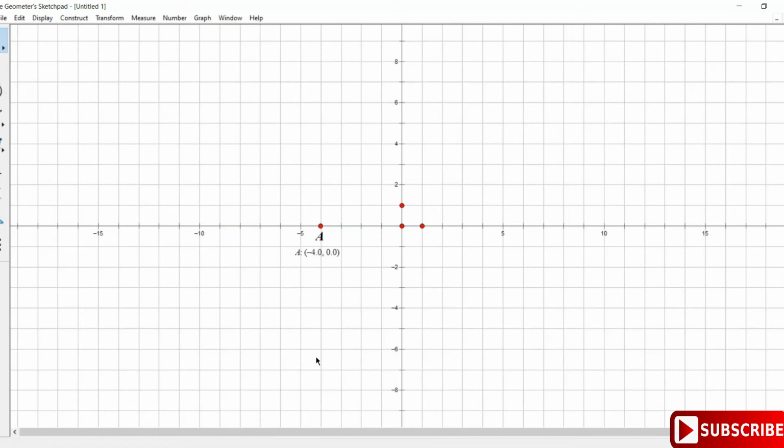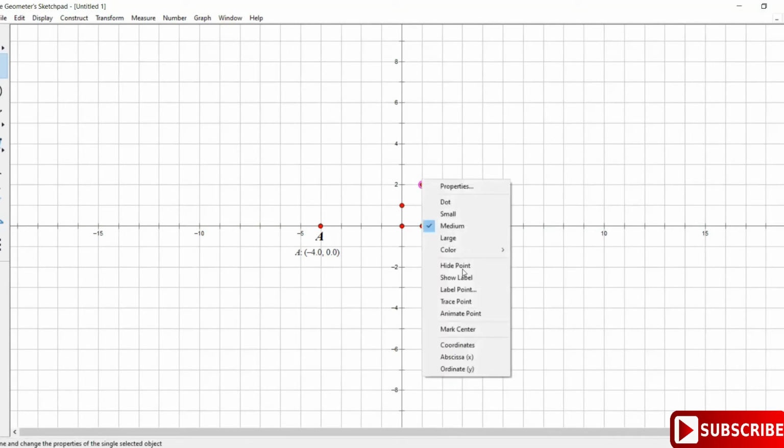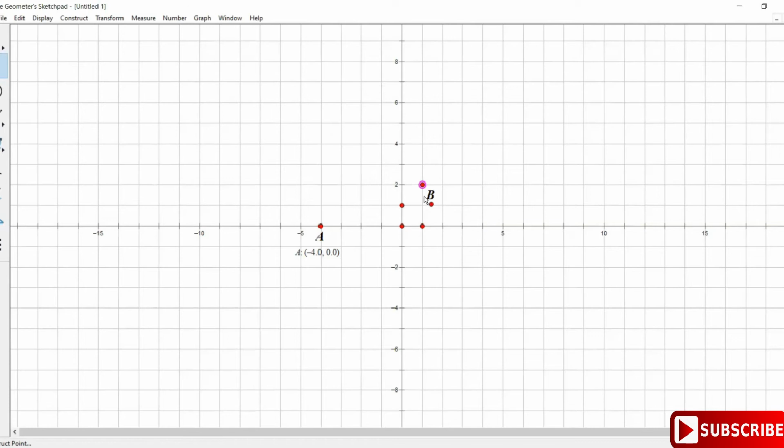Then B was the point, I think it's 1, 2. B is the point 1, 2. So let's put a point at 1, 2. This is the point B right here. So let's label the point, that is B. So B is the point 1, 2.